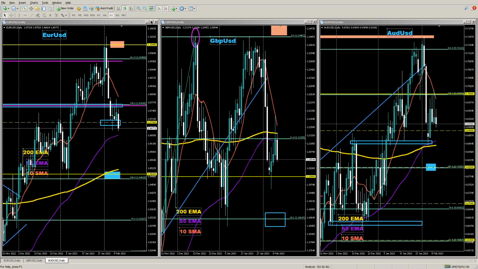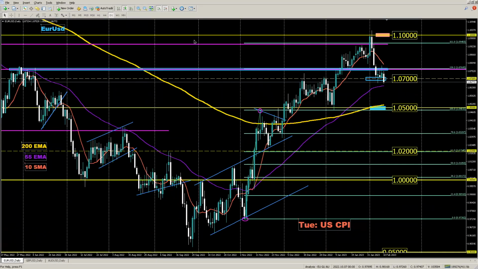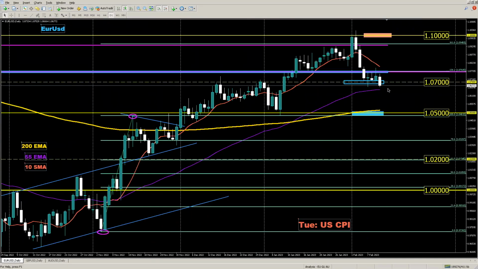Let's begin with the Euro. The range for the week is only about 120 pips or so. It started to continue its weakness on Monday, following the previous close for the week, and found support just below the 107 round figure and also just above the daily 55 EMA.